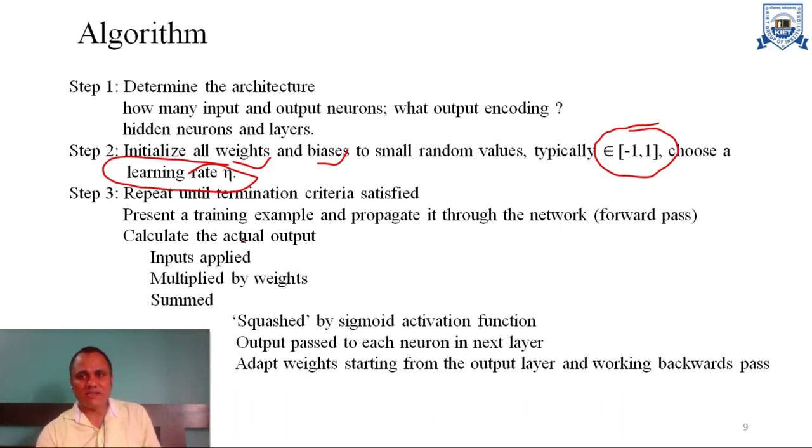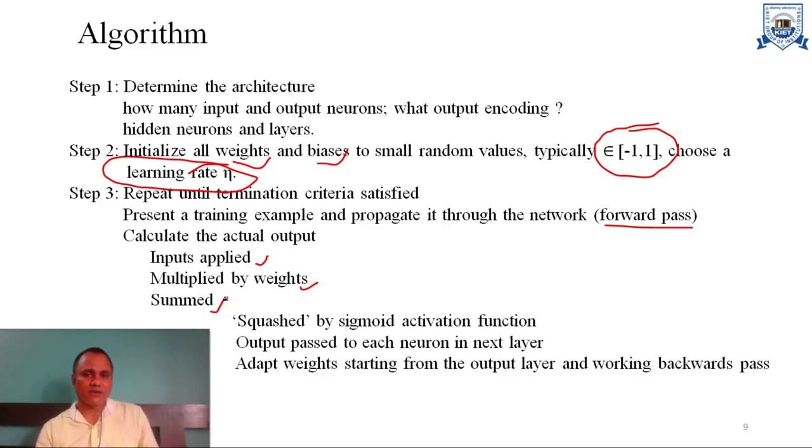First we apply a forward pass, as we discussed a few minutes back, and calculate the actual output from the input applied to the input nodes, multiplying by weights and summing with the help of an activation function.